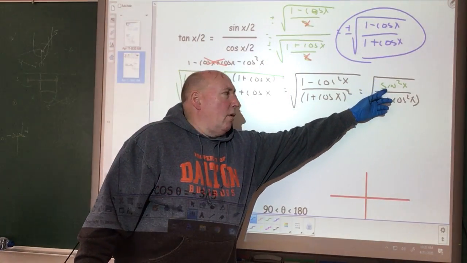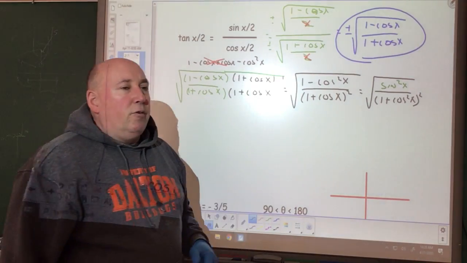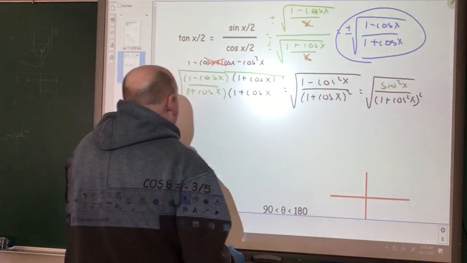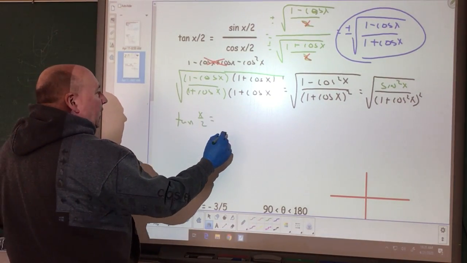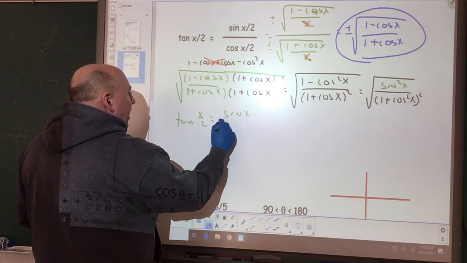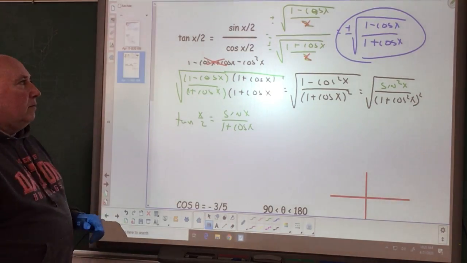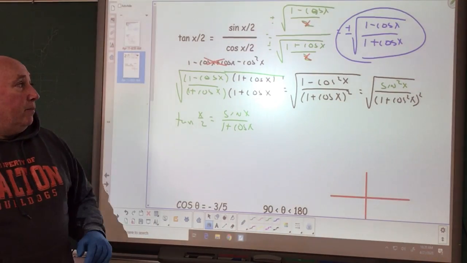Well, I'm taking the square root of two things that are being squared. If I'm taking the square root of two things that are being squared, they go bye-bye. So the tangent of half x can equal the sine of x over 1 plus the cosine of x. And once again, that's on the formula sheet.